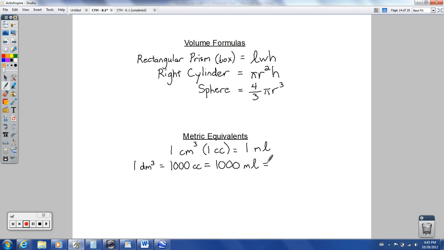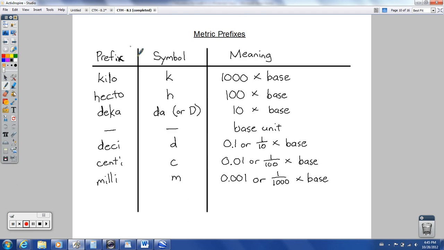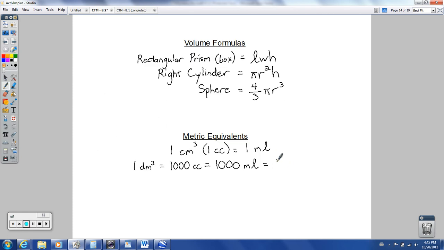And 1,000 milliliters, if we look back at our basic metric prefixes table, going up 3 here, would be the same as 1 liter. So 1 decimeter cubed, we usually don't say it that way, but that equals 1 liter. And going up from there, one more, centimeter to decimeter to the next one would be 1 meter cubed. 1 meter cubed is the same thing as 1 kiloliter.